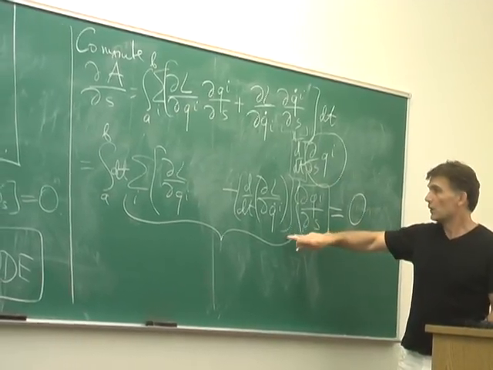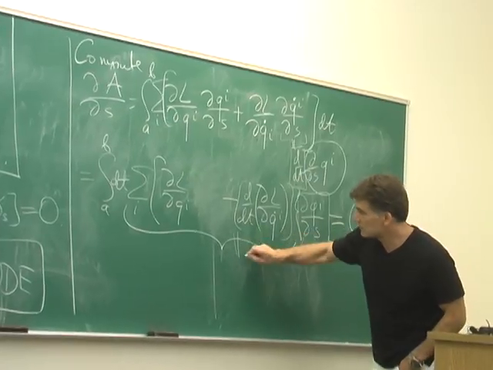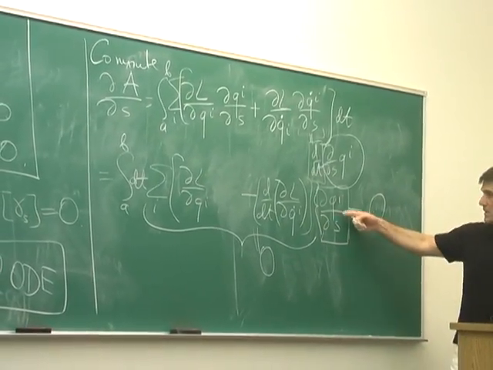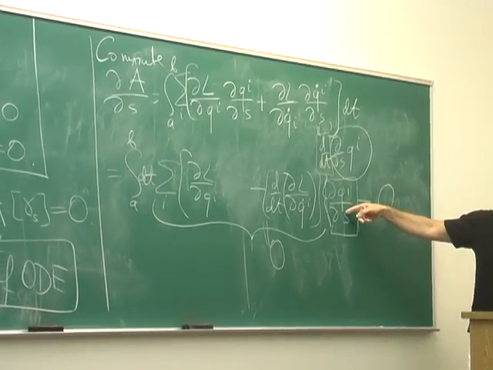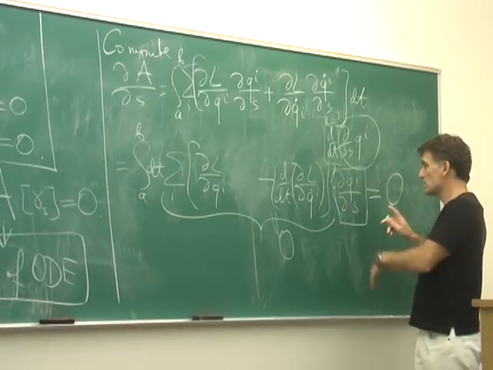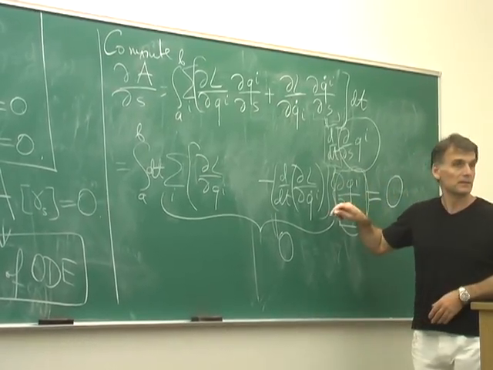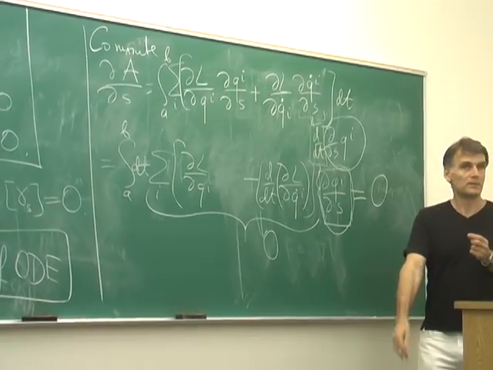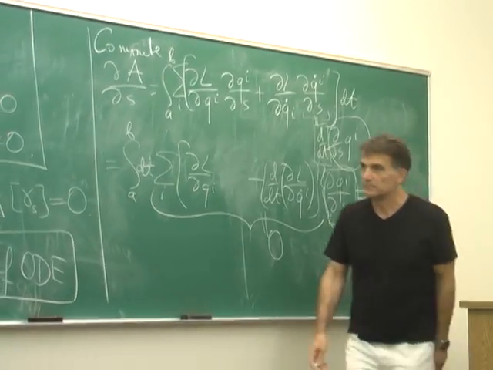This will be 0 if this term is identically 0, because this is arbitrary. You want this to be 0 for an arbitrary function, for an arbitrary derivative. This is a perturbation term.